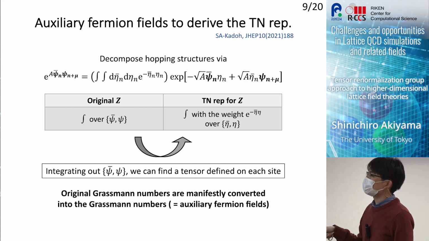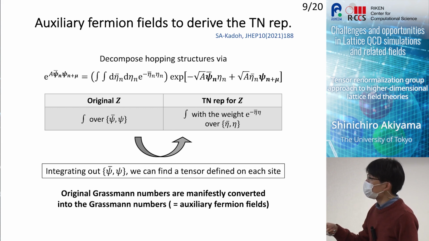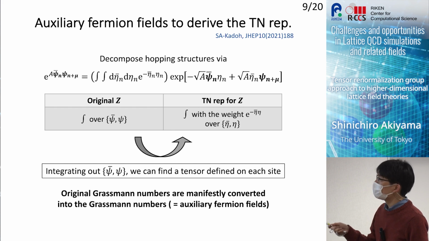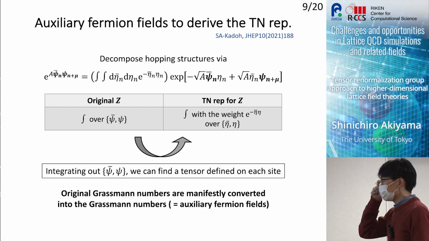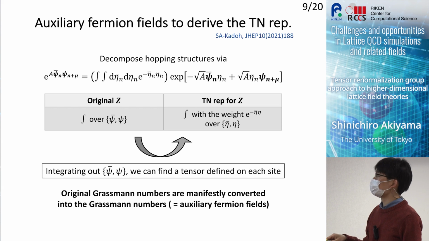As in the case of the Ising model, the point is that the degrees of freedom defined on different lattice sites are encoded into different exponential factors. And these exponential factors are of even Grassmann parity. So it is very easy to carry out the integration over the original degrees of freedom at each lattice site independently.